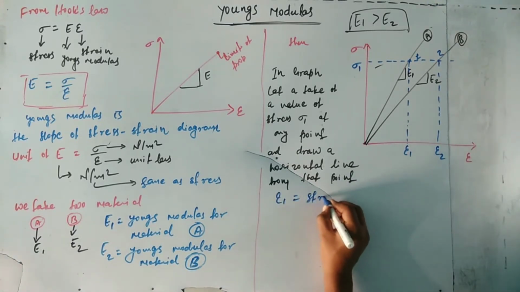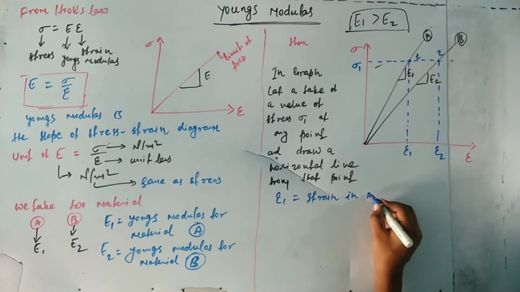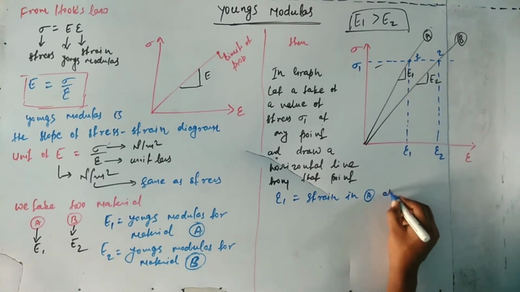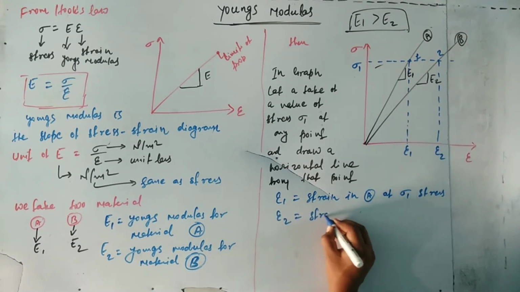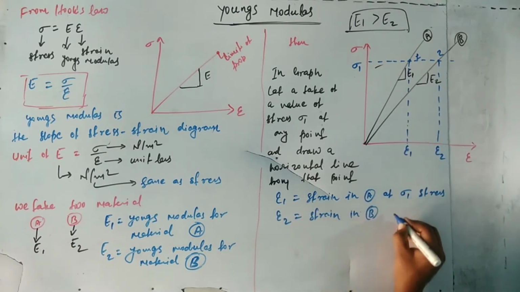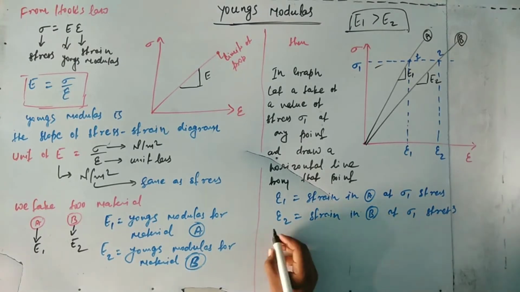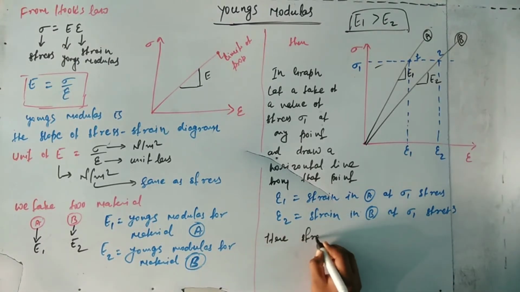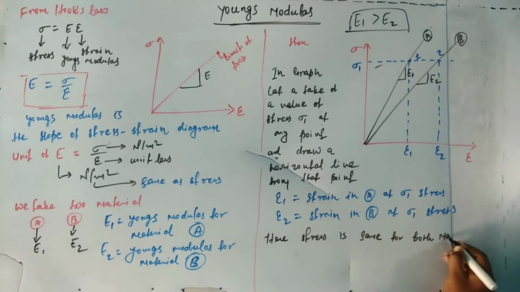Epsilon 1 is the strain in A at sigma 1 stress, and epsilon 2 is the strain in B at sigma 1 stress. So stress is the same for both materials.